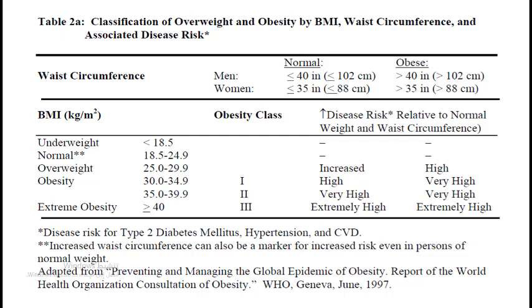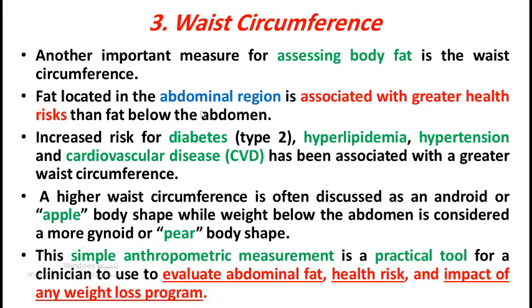So we may have a patient with normal BMI but high waist circumference, which gives us a risk of disease. Of course, the diseases are risk of type 2 diabetes mellitus, hypertension and cardiovascular disease.